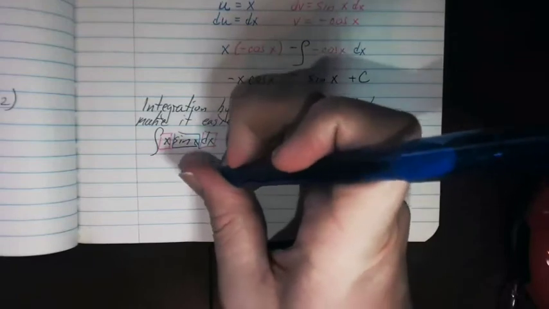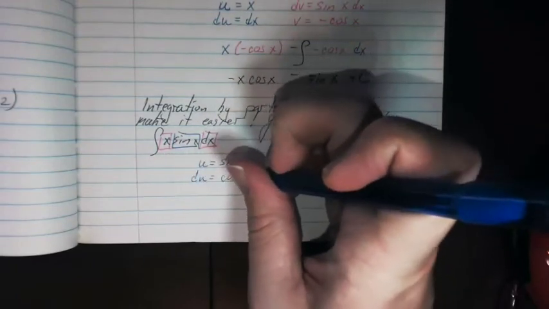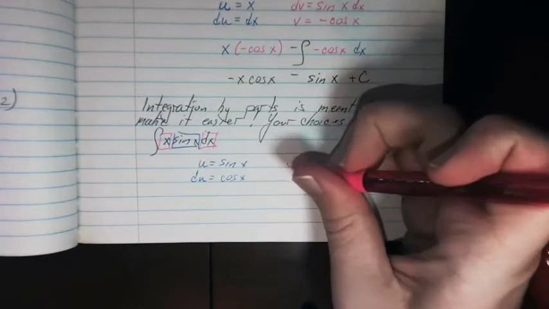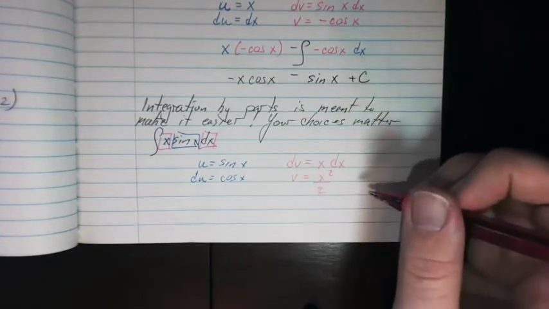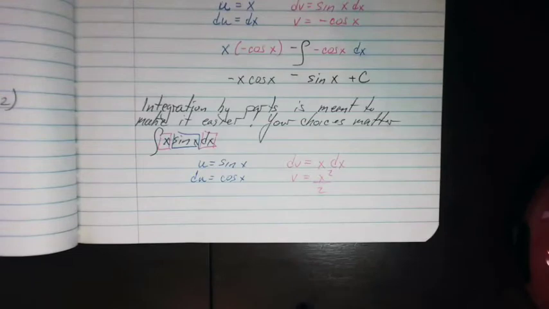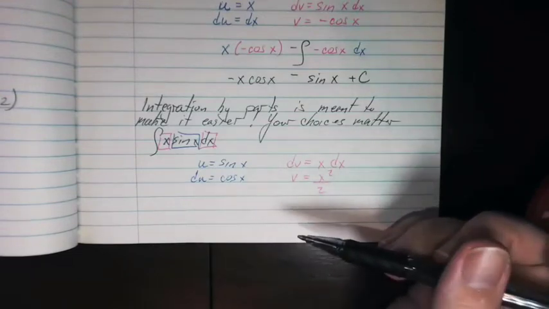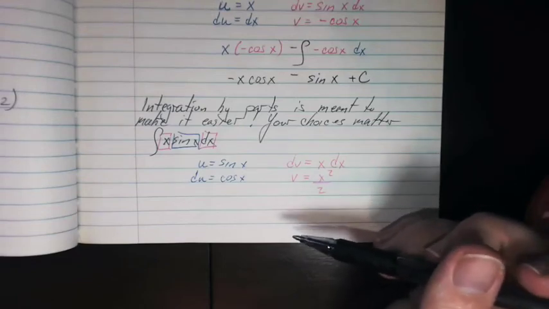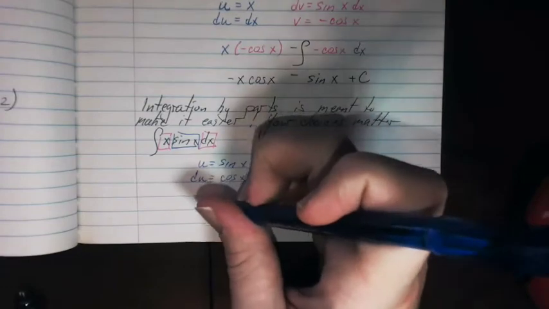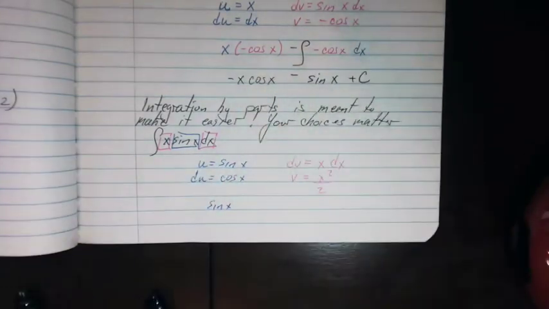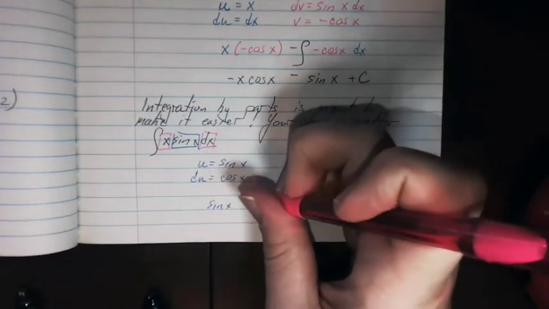Well, du would just be cosine of x, and here v, well, that's going to be this. Okay, fractions don't necessarily make things more difficult, but it's maybe an indicator that it won't work out. Let's plug into our formula. So that's just going to end up being sine of x times x squared over 2.